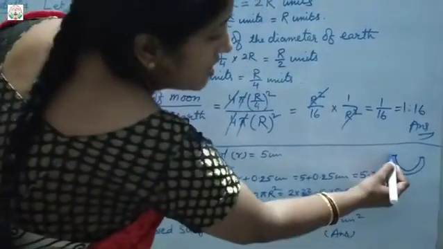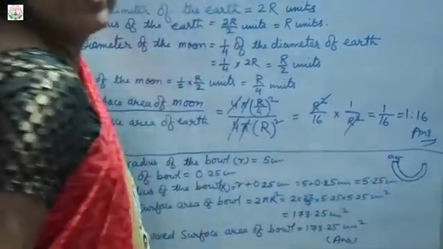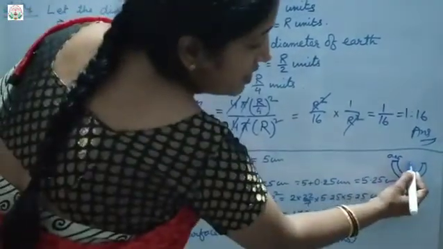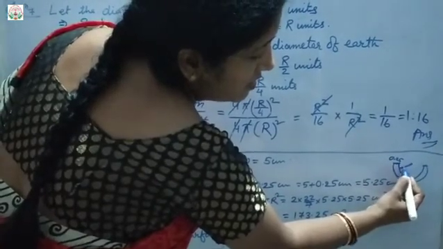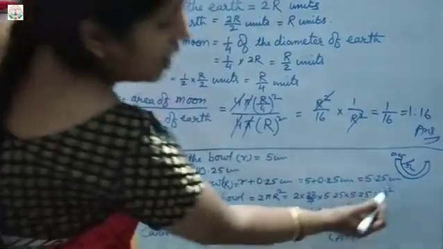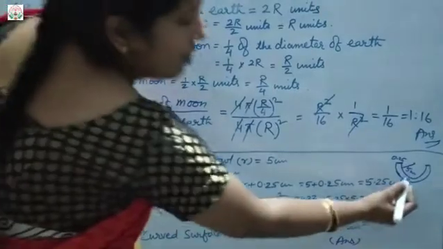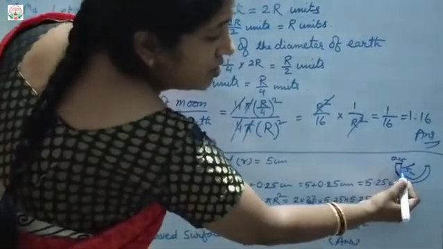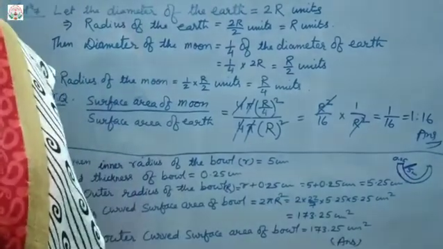So this thickness is 0.25. And from the center to the inner surface, inner means this one, what will be the radius? Inner radius is 5 cm.